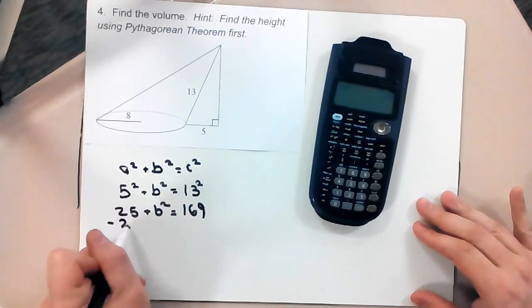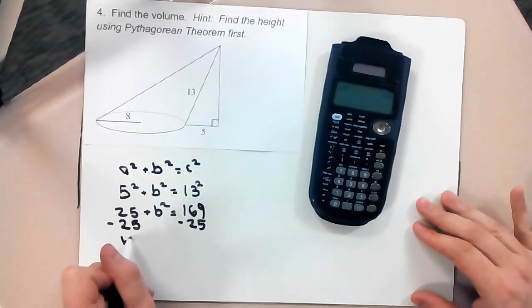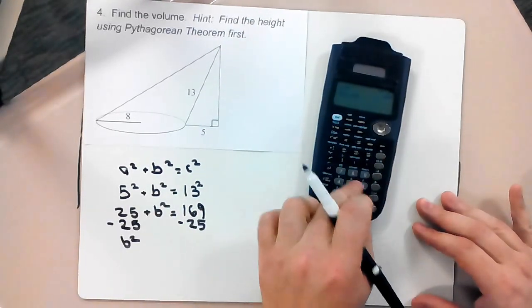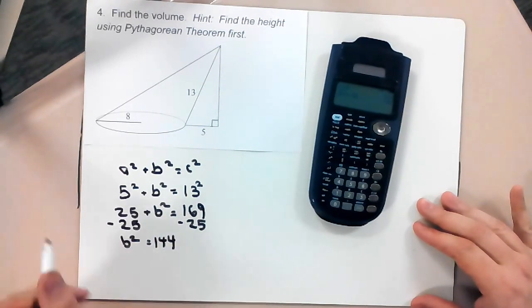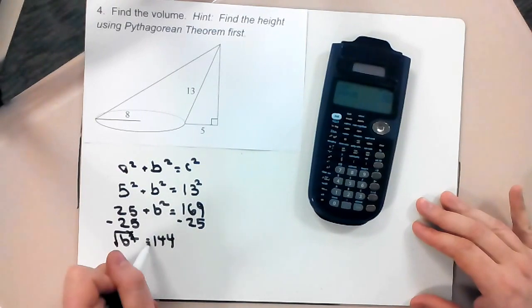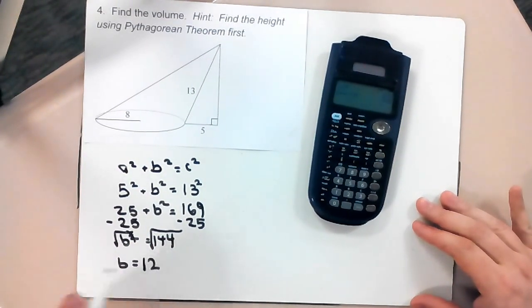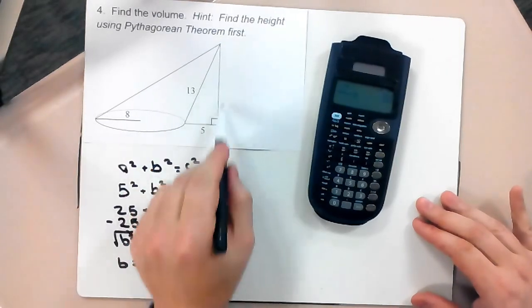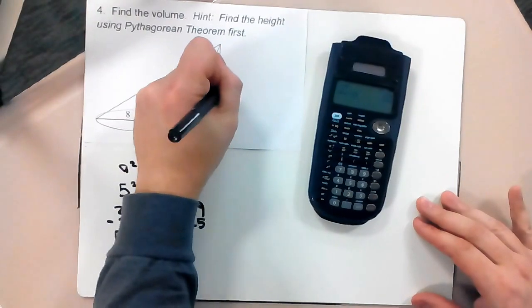I'm going to subtract 25. So b squared equals 144. Then I'm going to square root that. So b equals 12. That means that this height here that I found using Pythagorean Theorem is 12. I'm going to write that in there.